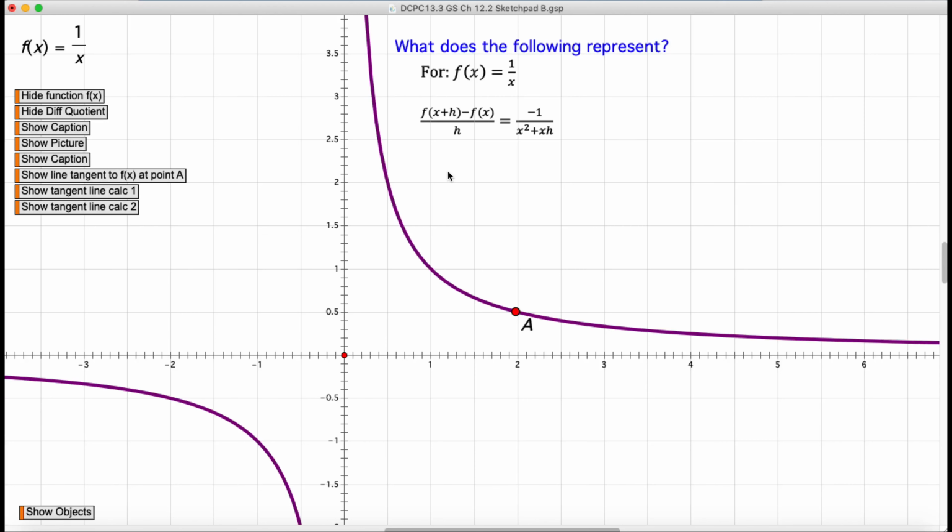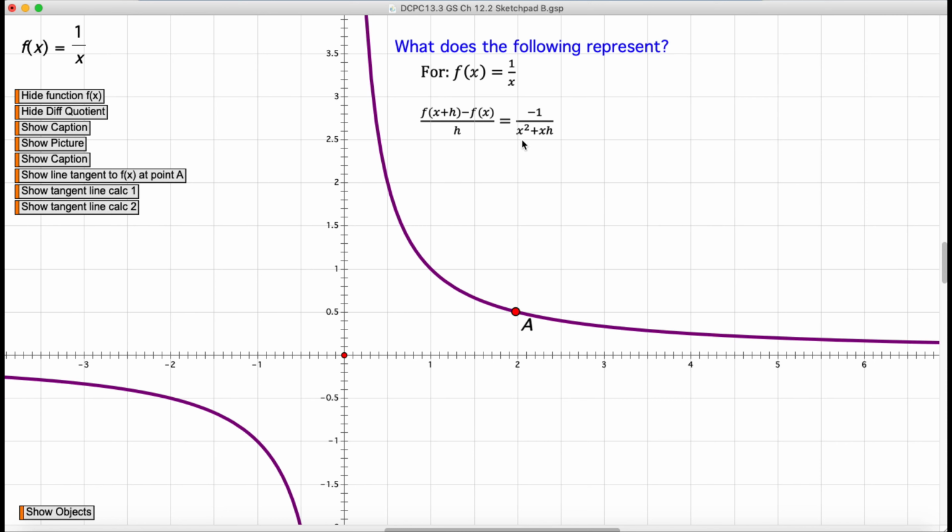All right, so we want to quickly talk about what this represents. Think back to that secant line slope. We wanted to make that secant line get closer and closer to becoming the tangent line so that their slopes were the same. We found our secant line slope by looking at the rise and run between 2 points along our graph, and when we did our rise over run, we ended up with our difference quotient.